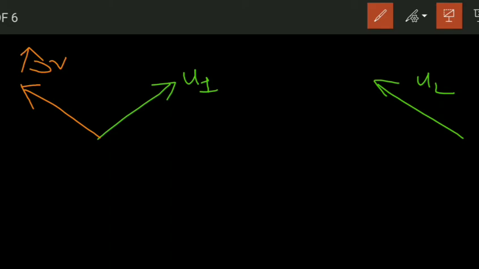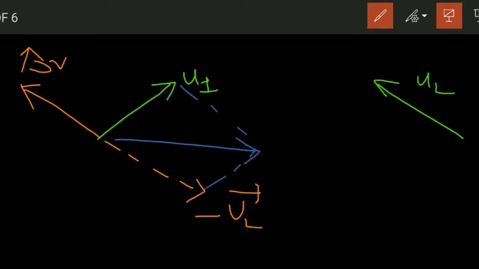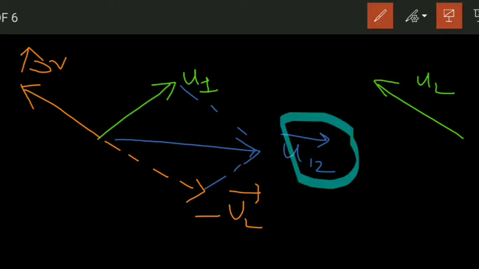This u2 I will produce it backwards. This is minus u2. Now I will perform the vector addition. This is u12, that is u1 minus u2, or u1 plus of minus u2.